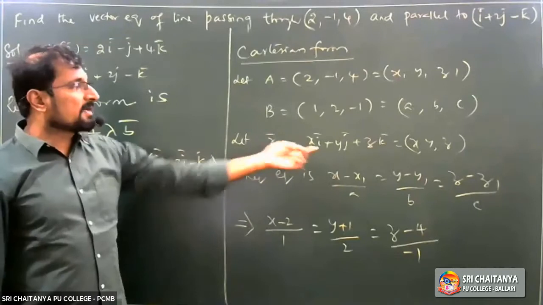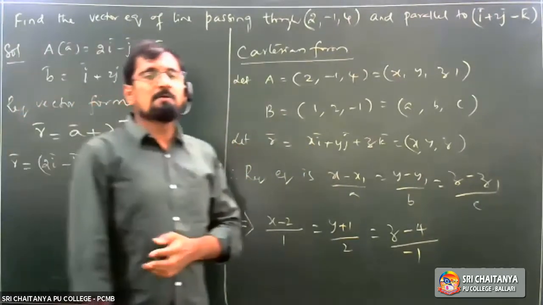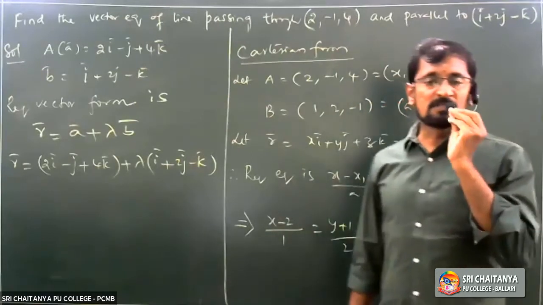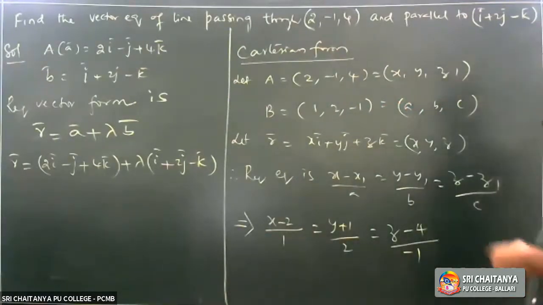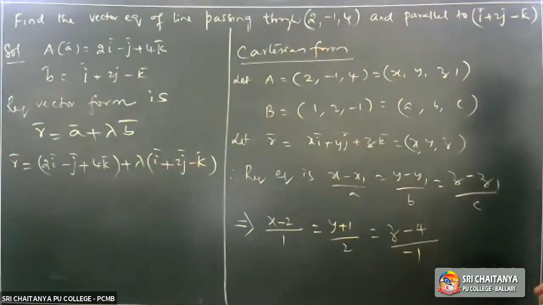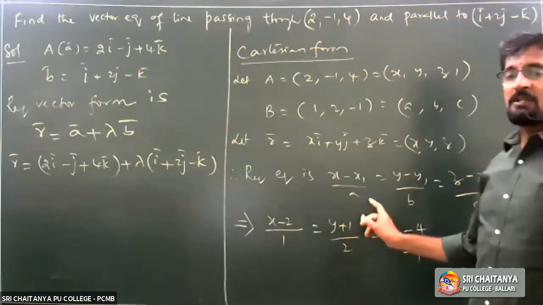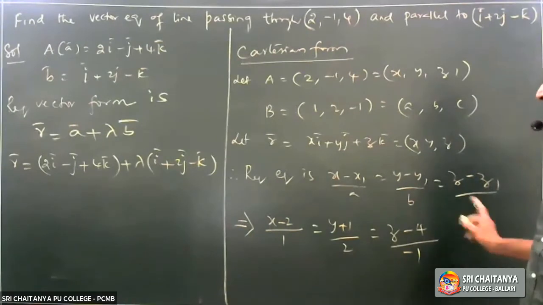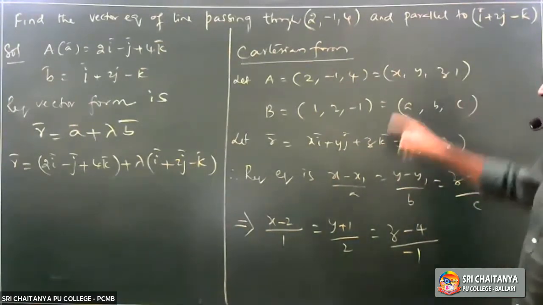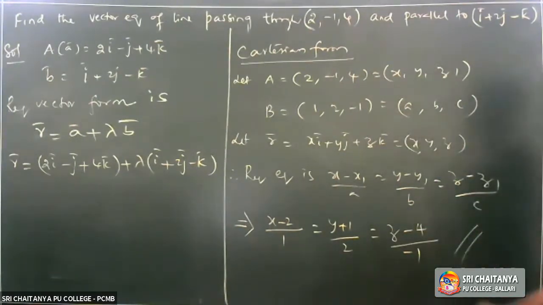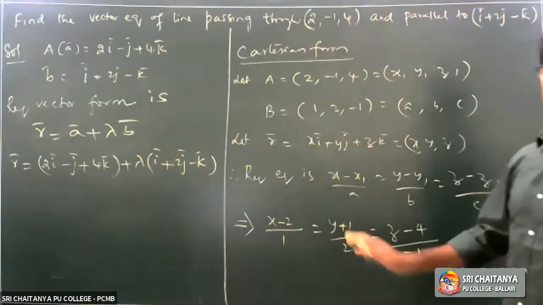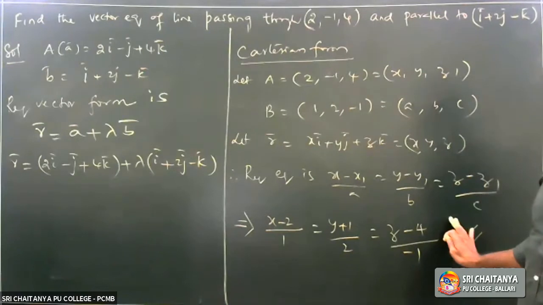And R bar is the unknown vector, so you should consider that as xi plus yj plus zk, which is x, y, z. Therefore the required equation is x minus x1 by a is equal to y minus y1 by b is equal to z minus z1 by c. You substitute all the values. Don't try to simplify this, so there is no need to simplify. You can wind up the problem up to here.